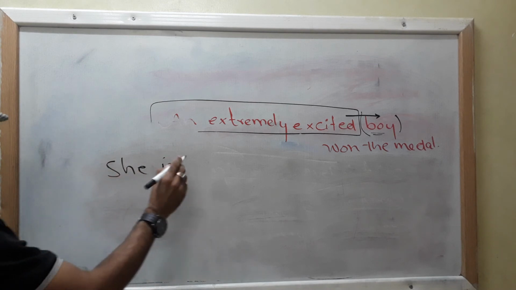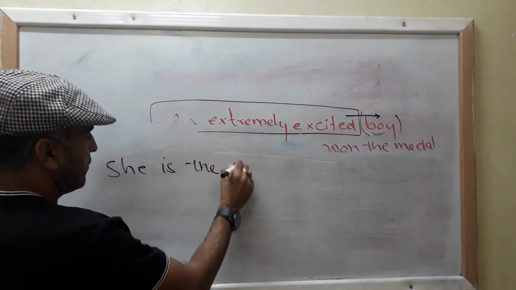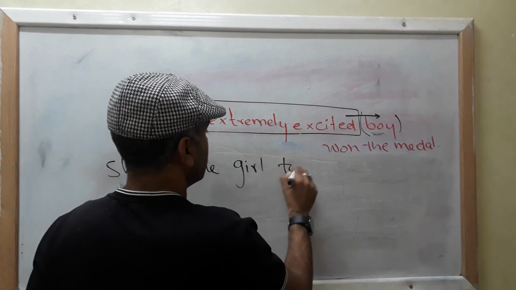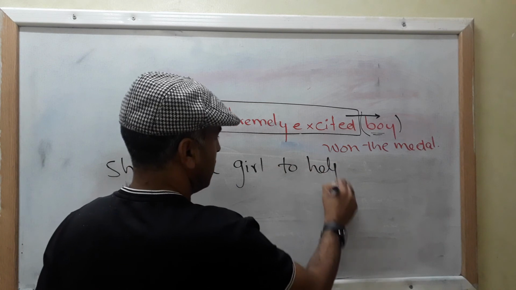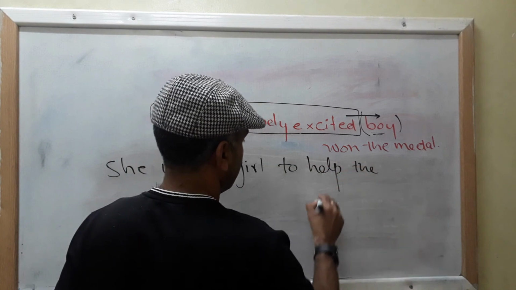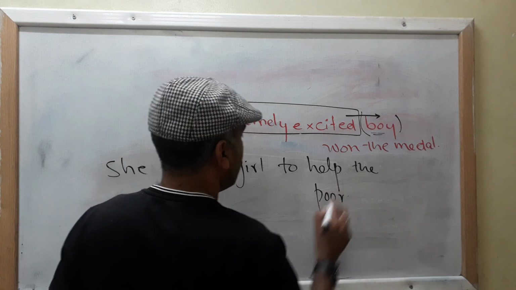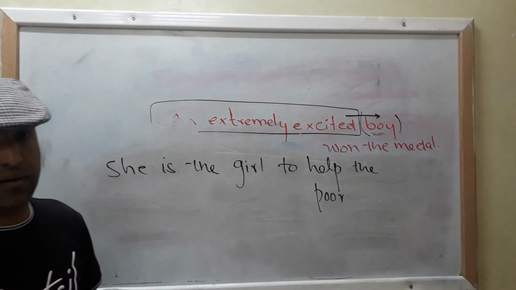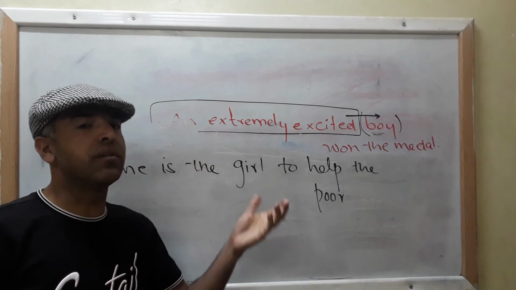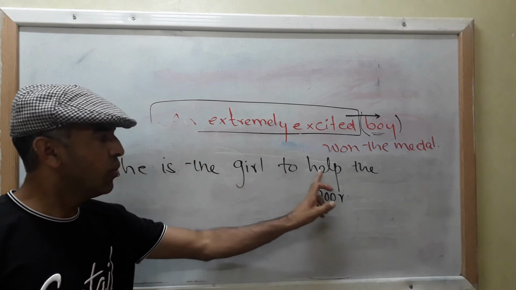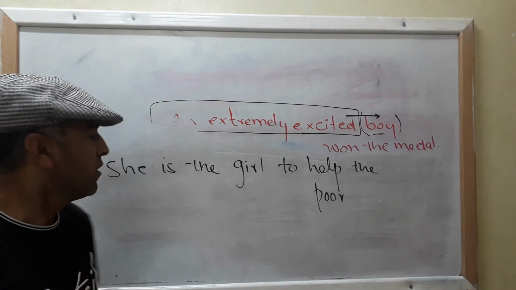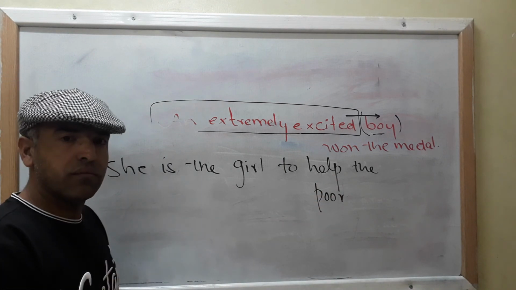She is the girl to help the poor. Now here your adjective phrase starts with an infinitive, to help. But it doesn't have any adjective. She is the girl. Which girl?